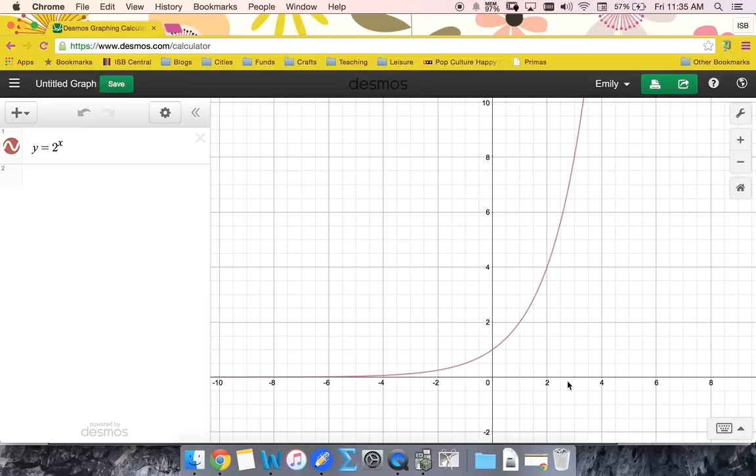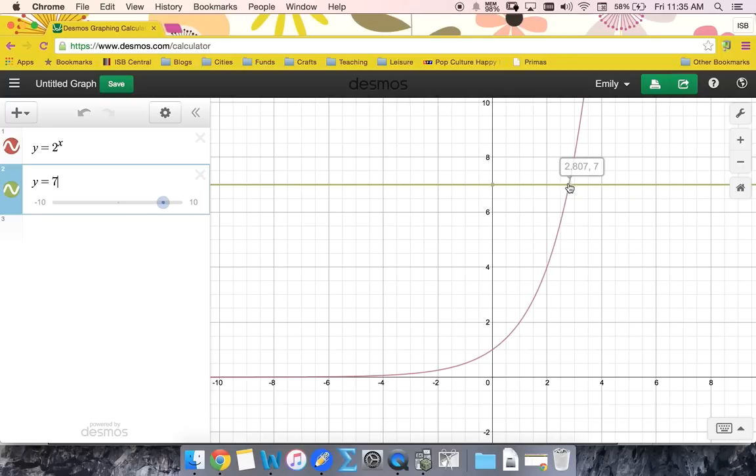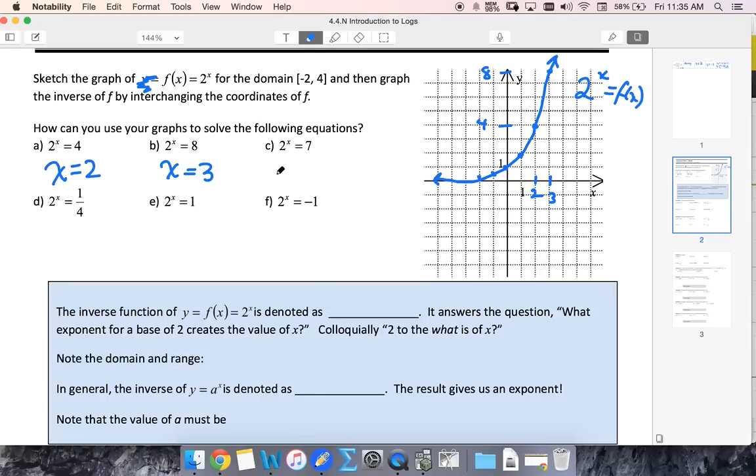Maybe it looks like it's about 2.75 or so. And of course, I could use my technology, either your calculator or Desmos, and we could put in y equals 7 and then look and see where they intersect. So 2.8. But if we're using our graph here, whatever's close on your graph.